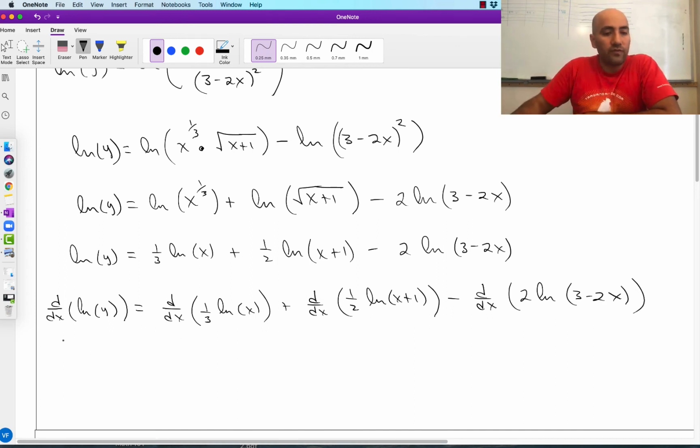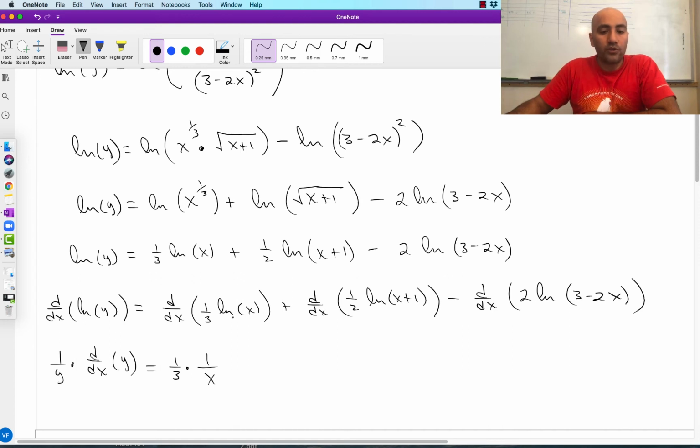Okay, for the derivative here, we're going to use our chain rule. The left side is equal to 1 over y times the derivative with respect to x of y, which is our y prime. That's what we're really after. The right side is 1/3 times the derivative of ln x, which we know is 1 over x.